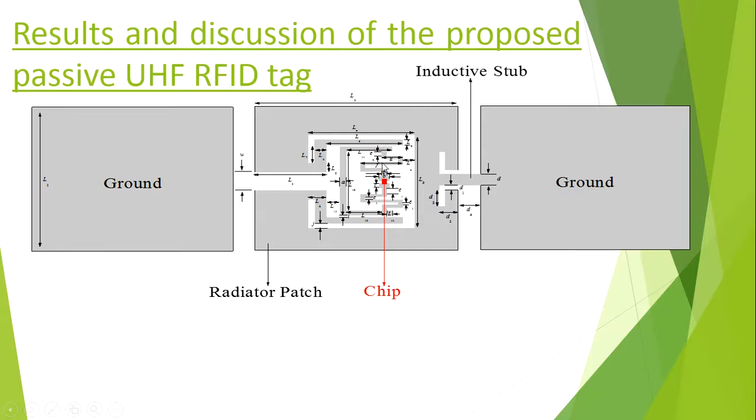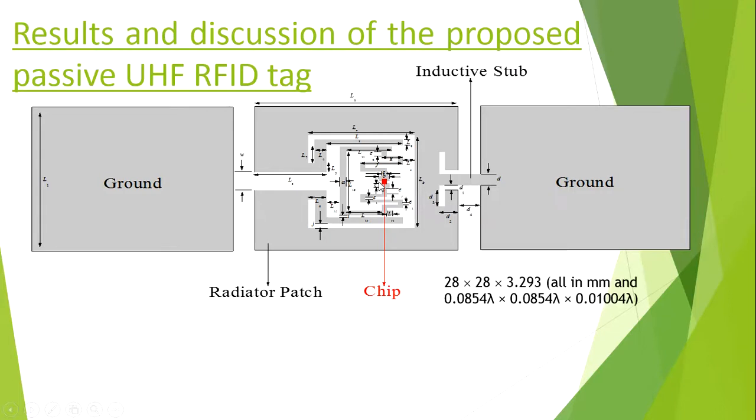And then the meandered T-shaped loop, the pair of notches, and the inductive stub are used for impedance matching, fine frequency tuning, and as a miniaturization technique of the tag antenna. And then the chip is embedded inside this narrow square gap.